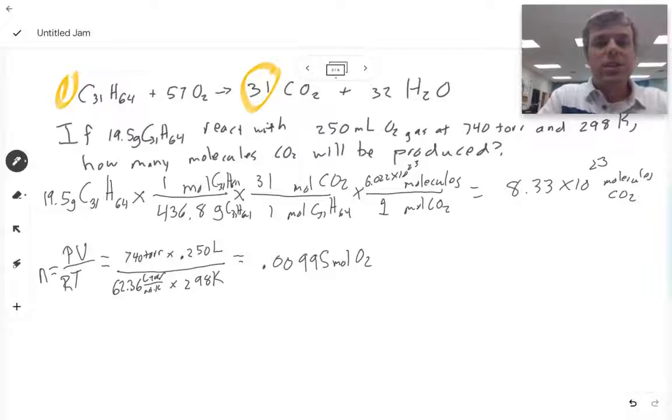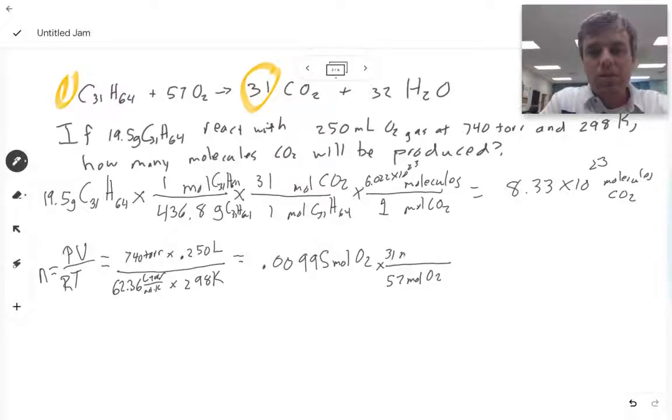Then we can plug that in and do some stoichiometry. We have that many moles of oxygen. How many molecules of CO2 can we make with that? Well, we know that for every 57 moles of oxygen, we can make 31 moles of CO2.